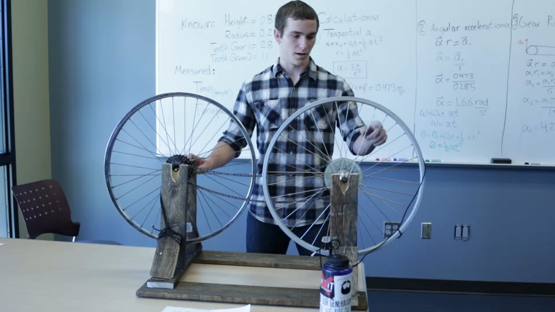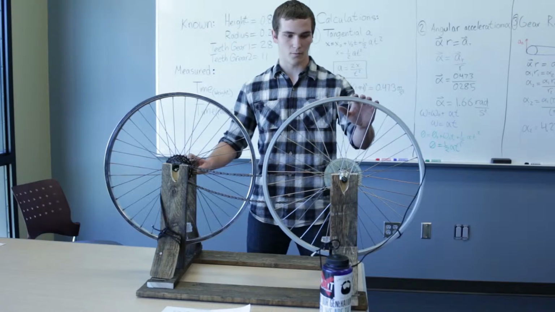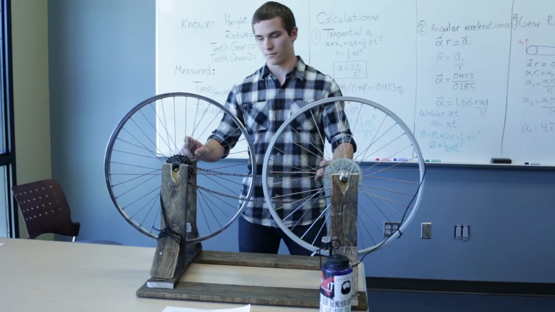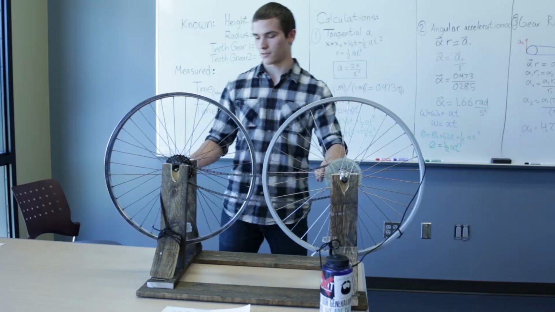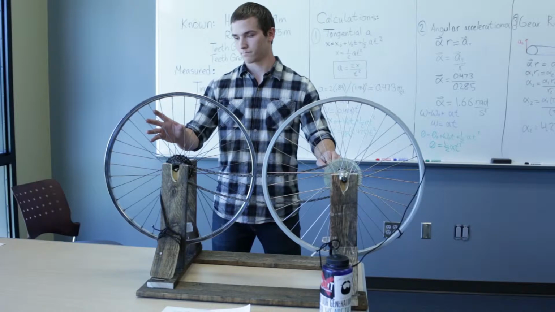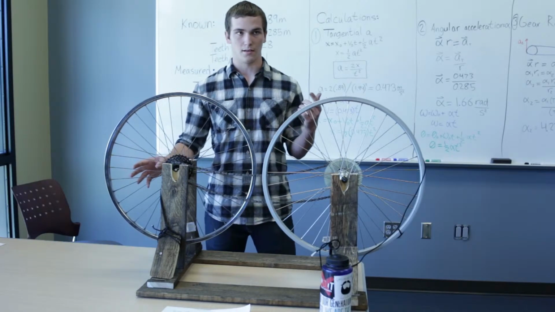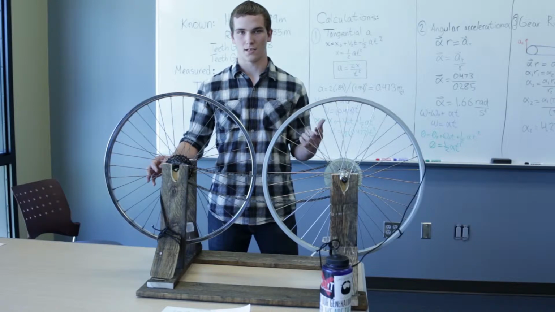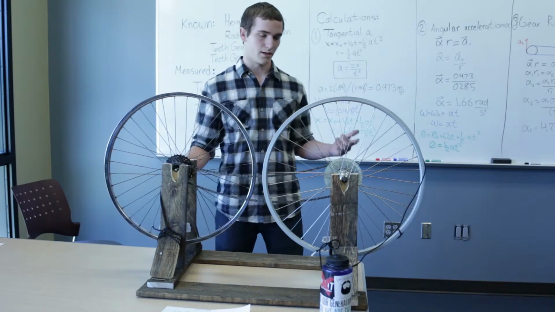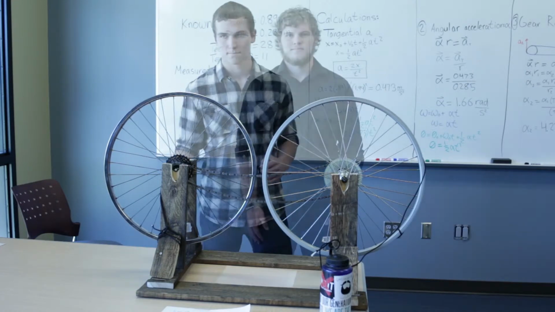By finding that, we are able to calculate the angular acceleration of the front wheel, which then, using the gear ratio and the chain, we are able to solve for the angular acceleration of the back wheel. After that basically accounts for the angular velocity, angular acceleration, and the motion of the wheel. Now I will give it over to Caleb, who will talk about the data and analysis of the project.